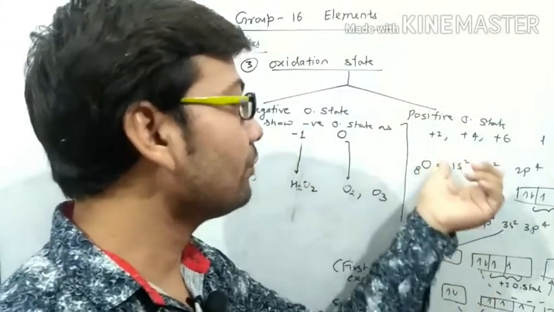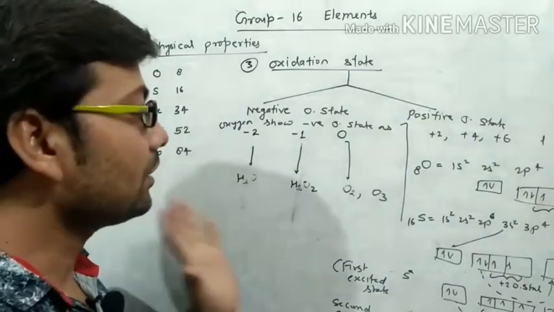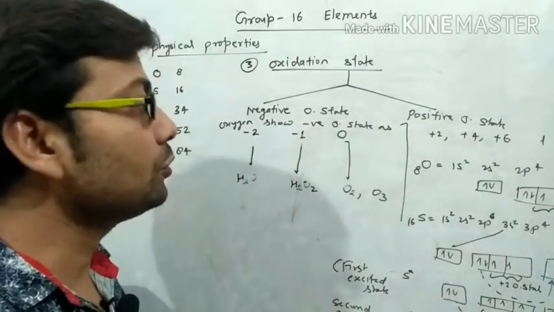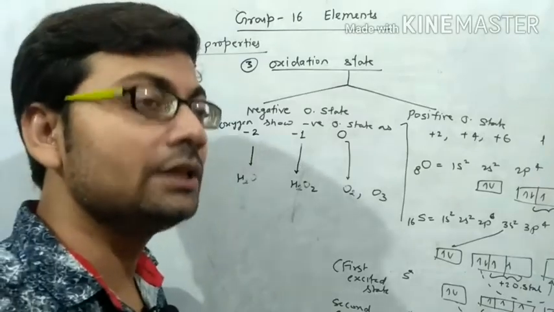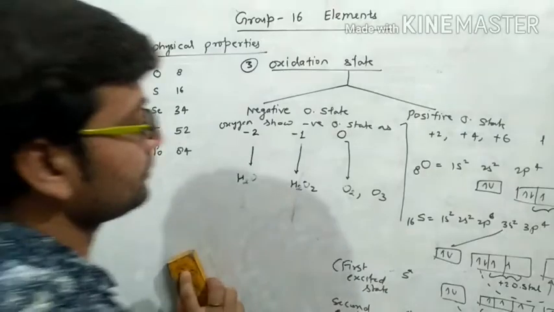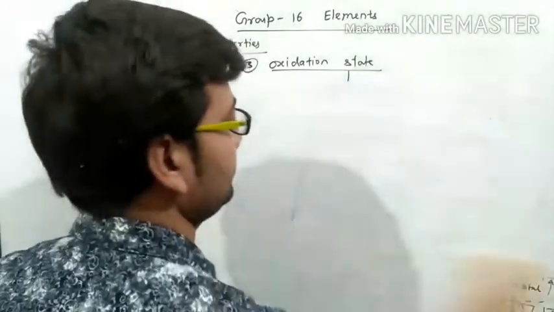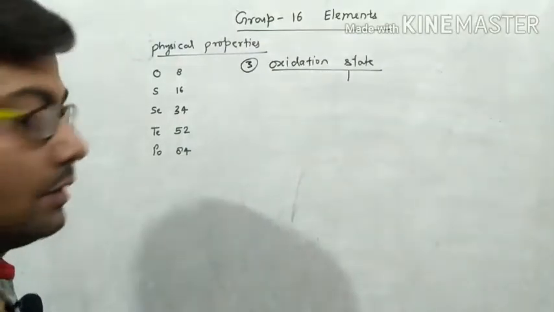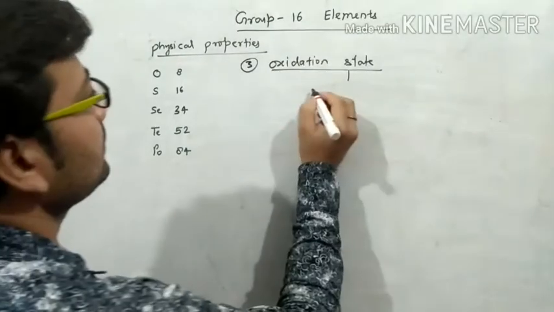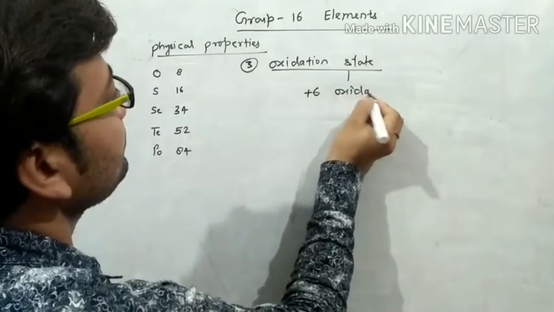But in case of sulfur, selenium, tellurium and polonium, there are +2, +4 and +6 oxidation states, right?